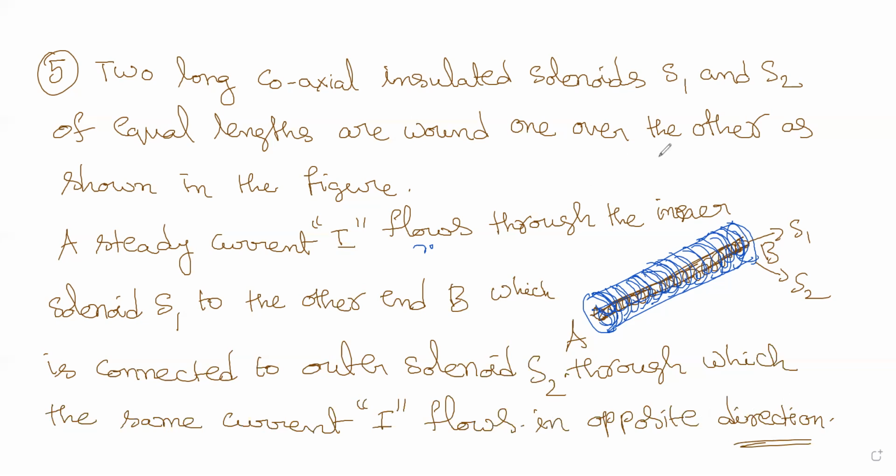So this is what they have given. Now you can pause the video and make a note of the things up to now, in the same direction and in the opposite direction.